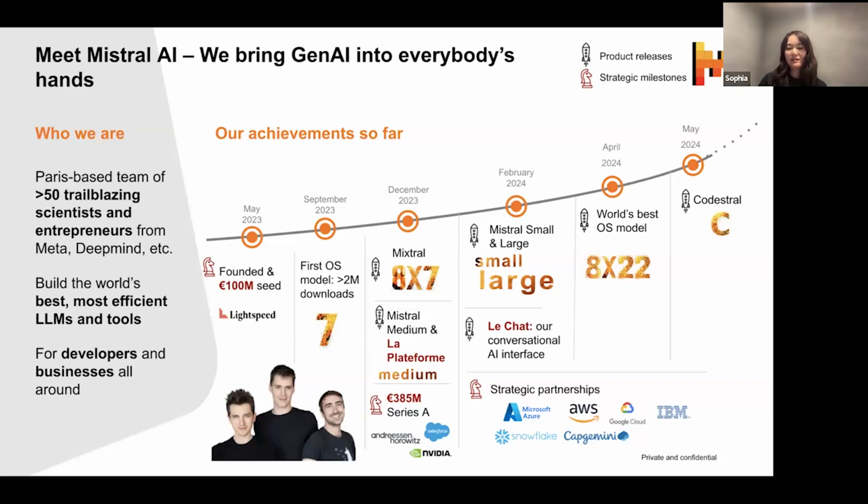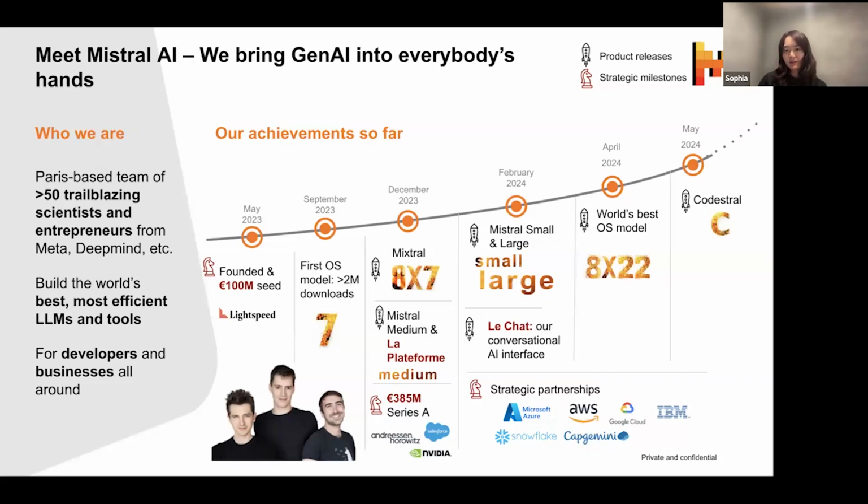Mistral Large is our flagship model with advanced reasoning, multilingual capabilities, function calling, all the good things. And the Shed is our conversational AI interface. It's completely free. So if you like to talk to our models, please sign up and use the Shed.